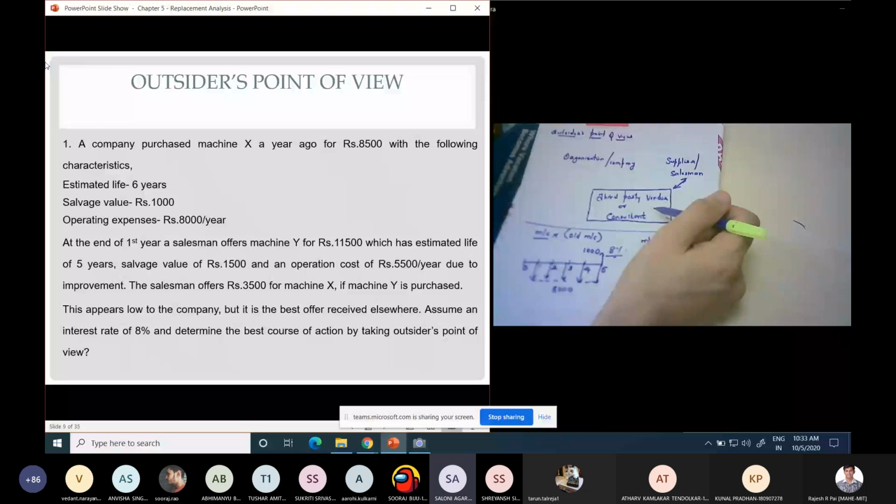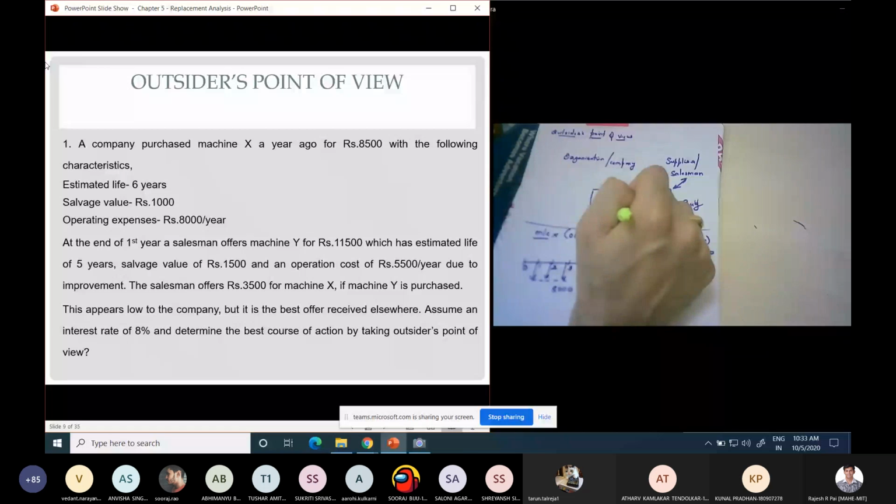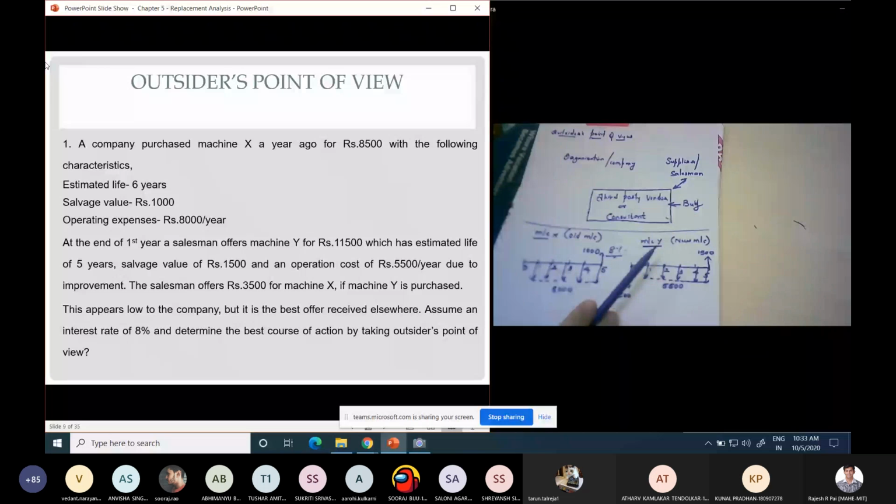So now when I draw the cash flow according to him for machine Y, I don't have any problem because it is a brand new machine available in the market and the supplier is already there to ship those components to me. So I will be the consultant now.